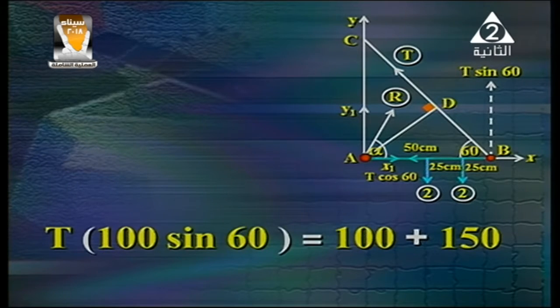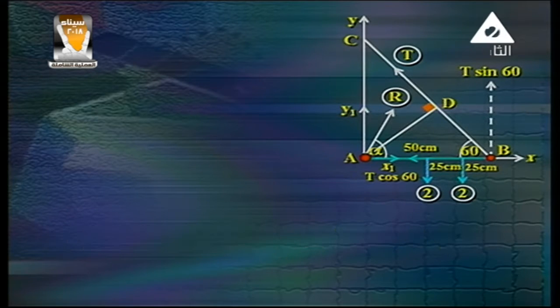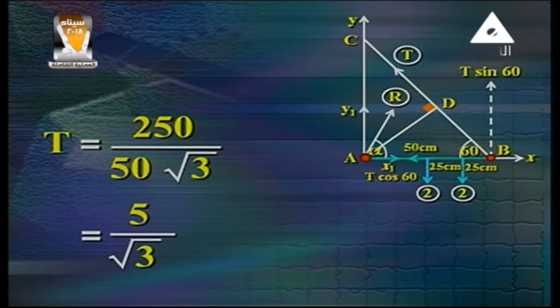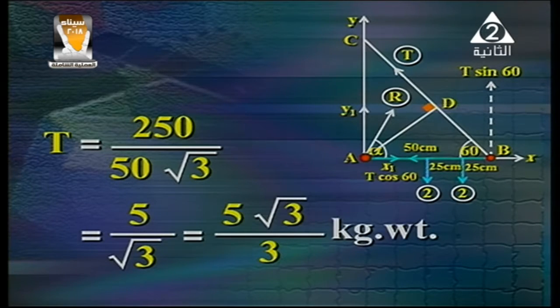Then we have the equation T times 100 sine 60 equals 100 plus 150. Then T equals 250 over 50 root 3. This is the value of the tension force, equals 5 over root 3, or 5 root 3 over 3 kilogram weight.